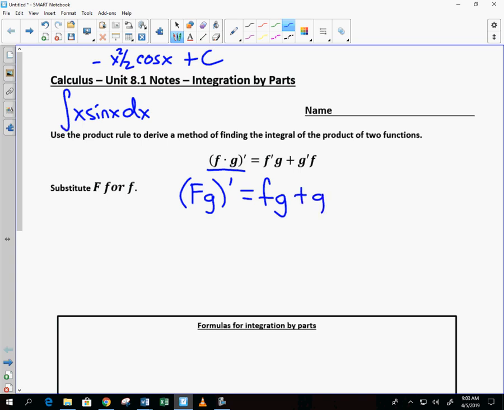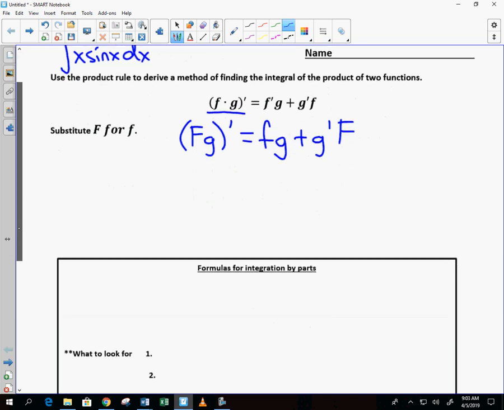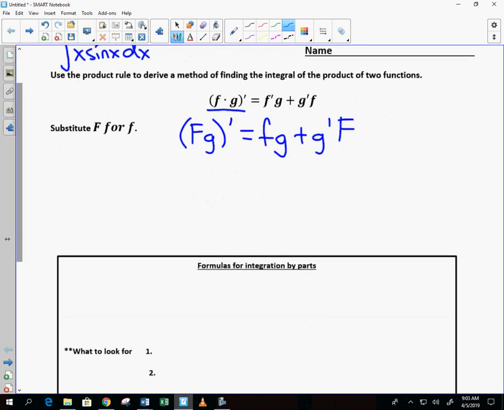Plus g prime times big F. We all good? All right. Now I'm going to take the antiderivative of everything. So I've got the antiderivative of big F times g prime, which equals the antiderivative of f times g plus the antiderivative of g prime times big F.